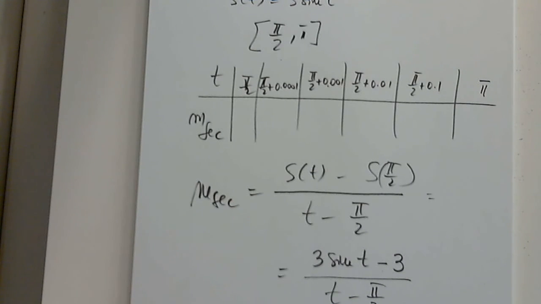So any questions? So in the table, please put in those numbers. So put in negative 1.91, negative 1.41, and so on and so forth. And then eventually we'll write that the slope of the tangent line is 0.